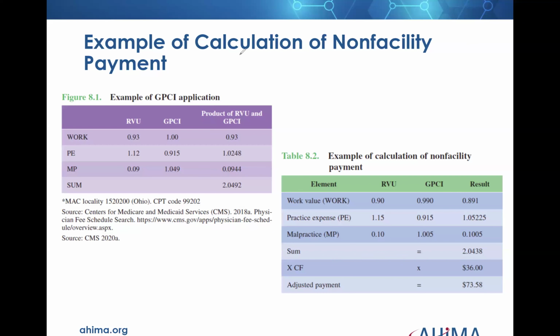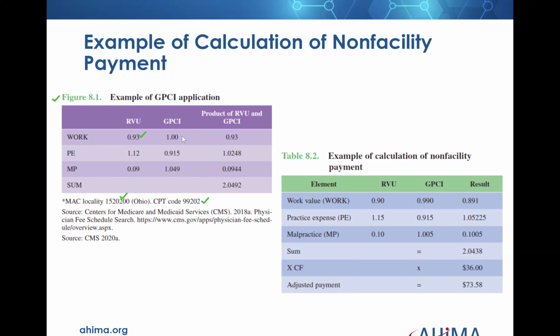And again, these are noted in your book as well, figure 8.1. Right, so this is based on CPT code 99202. The locality is Ohio. So this is the work. The relative value unit is 0.93.